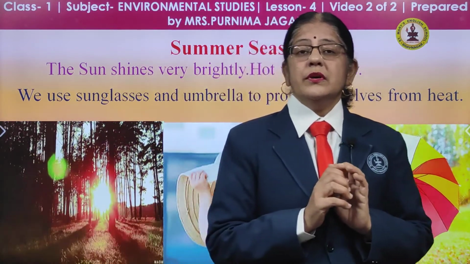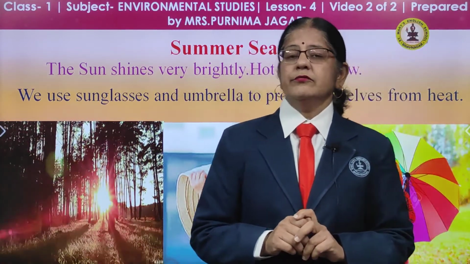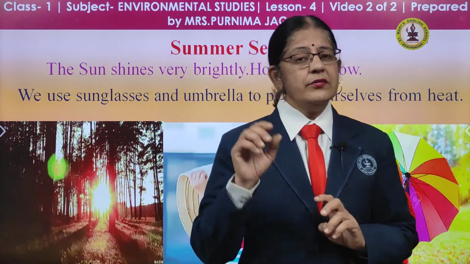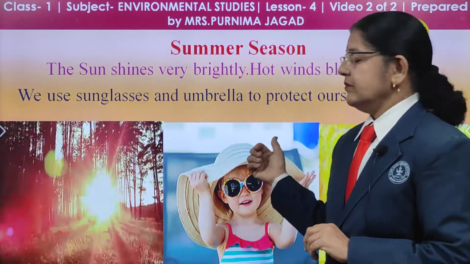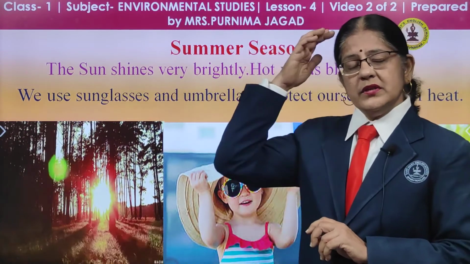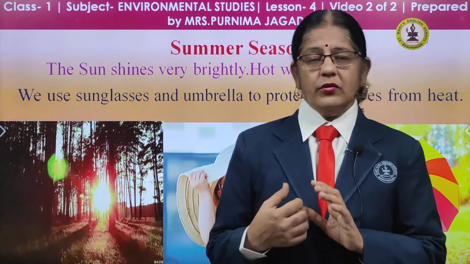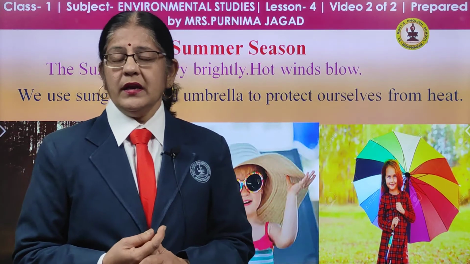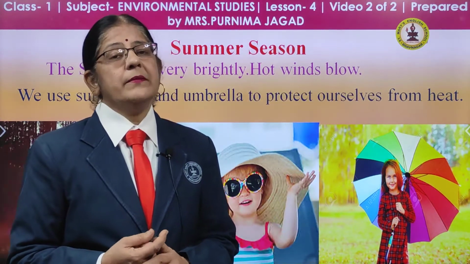So to protect ourselves from sun, either we use sunglasses or we use an umbrella or we put a hat so that our skin is not damaged. When it is very urgent or necessary to move out, only during that time in summer season we go out. Otherwise we don't move during afternoon time or during morning time when it is very, very hot.